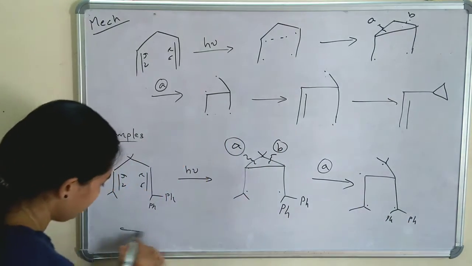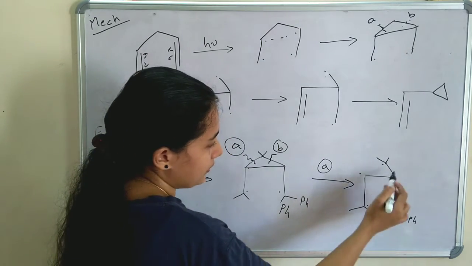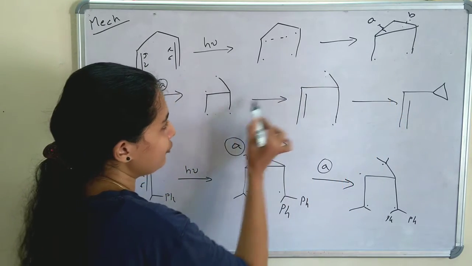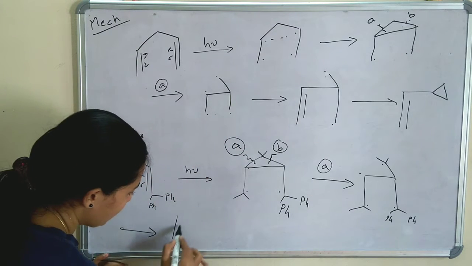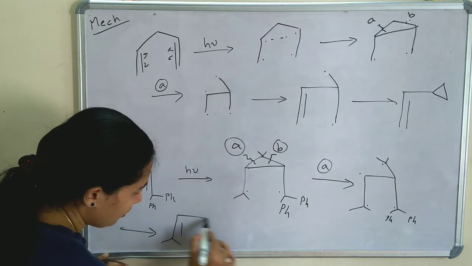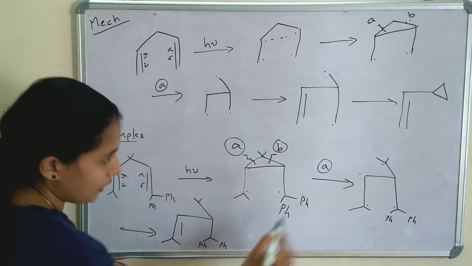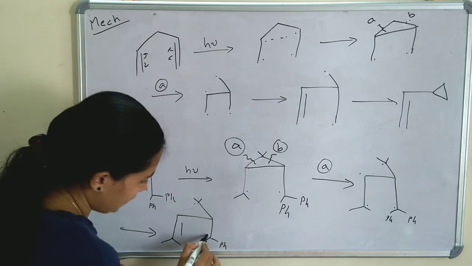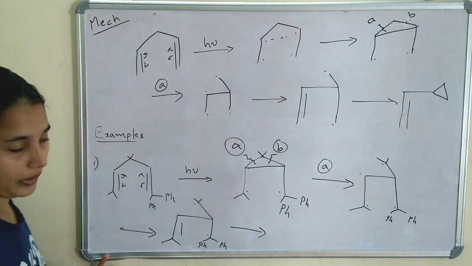Now just look at the stability. Here we cleaved and then formed a double bond. So here also we are forming a double bond. Ph, Ph. And here a double bond is formed, and here a radical is there and here also a radical. Now we have to form the cyclopropane ring.